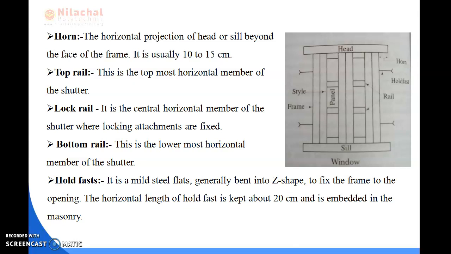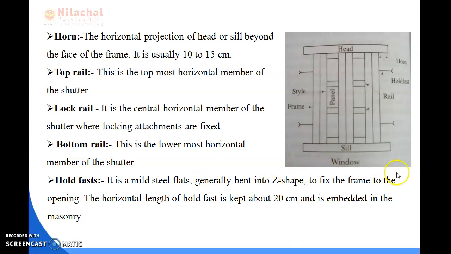Next, we will be reading about the top rail. What do you mean by top rail? This is the topmost horizontal member of the shutter. And what do you mean by lock rail? This is the central horizontal member of the shutter where the locking attachments are fixed.